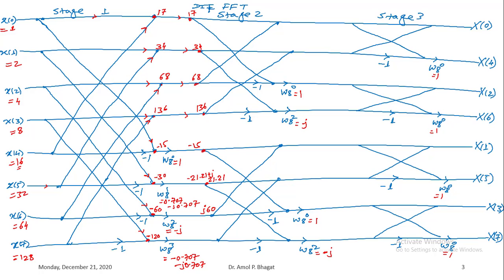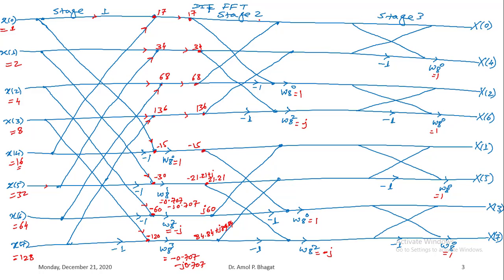Here again minus 120 multiplied by minus 0.707 minus j 0.707, so you will get it as 84.84 plus j 84.84, right? Okay, so now here we'll be computing stage 2 output.